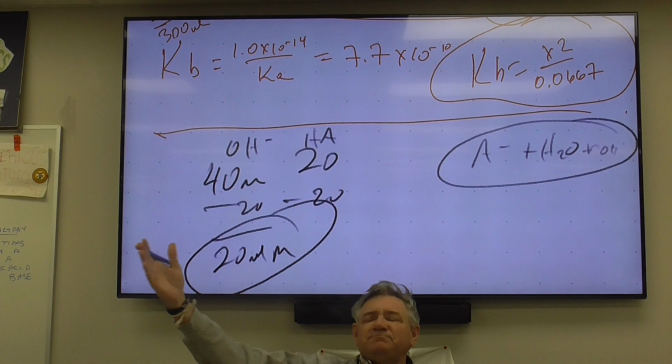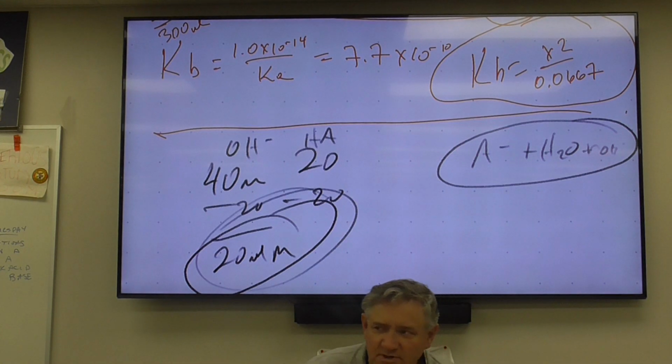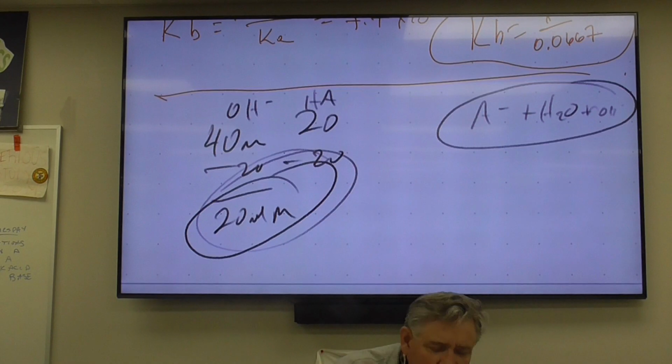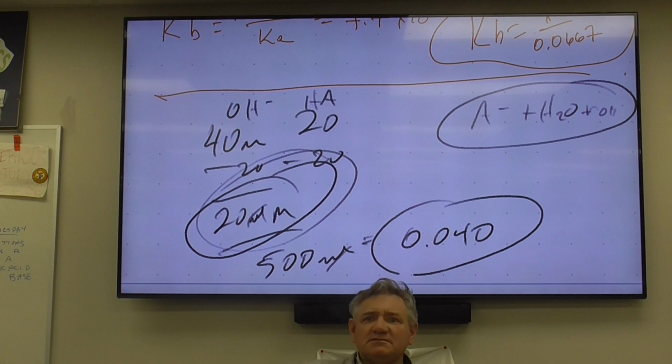Yes, but that's like spitting in the ocean relative to the concentration from this excess base. All you had to do is take the 20 millimoles divided by the 500 milliliters. Your milliliters cancel out. You get a concentration of 0.04. That's the concentration of your hydroxides. Take the negative log of that, boom, there's your pOH.